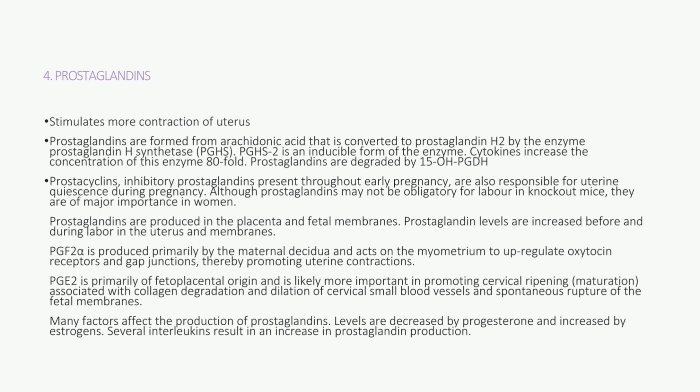And prostaglandin E2 is primarily of fetal placental origin and is likely more important in promoting cervical ripening, associated with collagen degradation and dilation of cervical small blood vessels, and spontaneous rupture of the fetal membranes. Many factors affect the production of prostaglandins. Levels are increased by progesterone and increased by estrogen. Several interleukins result in an increase in prostaglandin production.